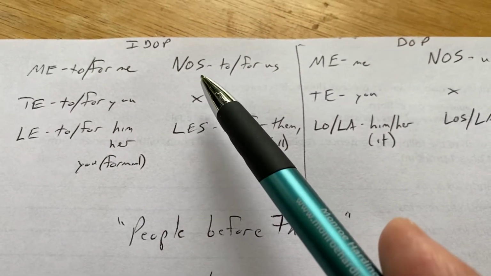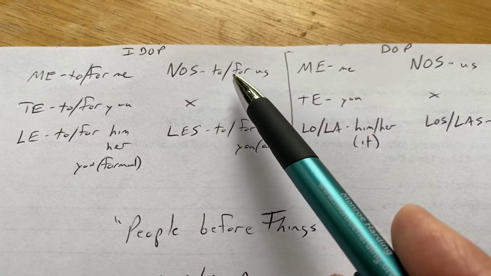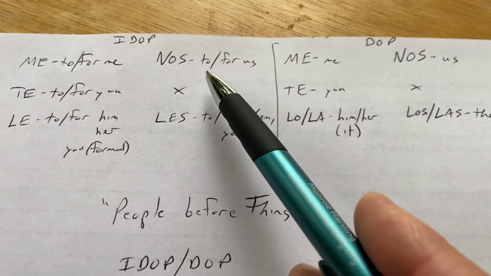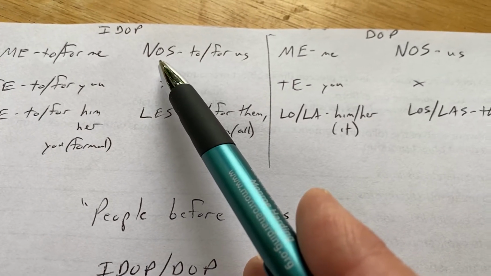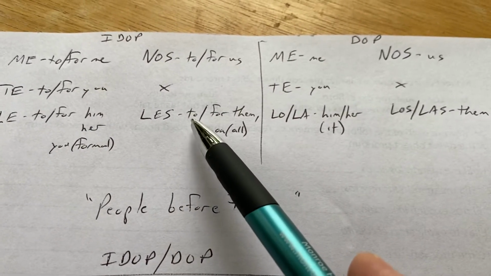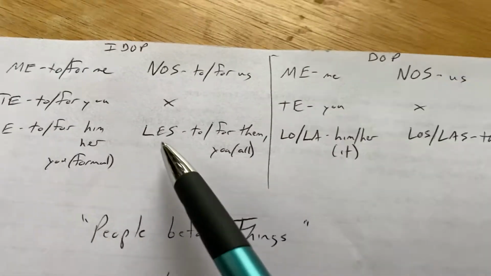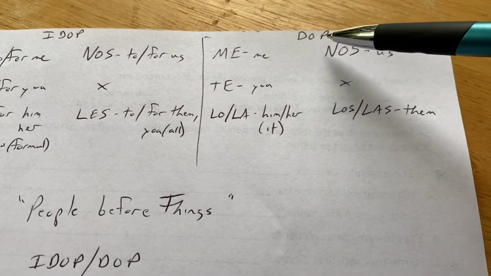If you want to, you could say the Spanish word for to and then nosotros. That would mean to us, but we just say nos. And then les right here, you could say ellos or ellas or ustedes, but les can replace those things right there.